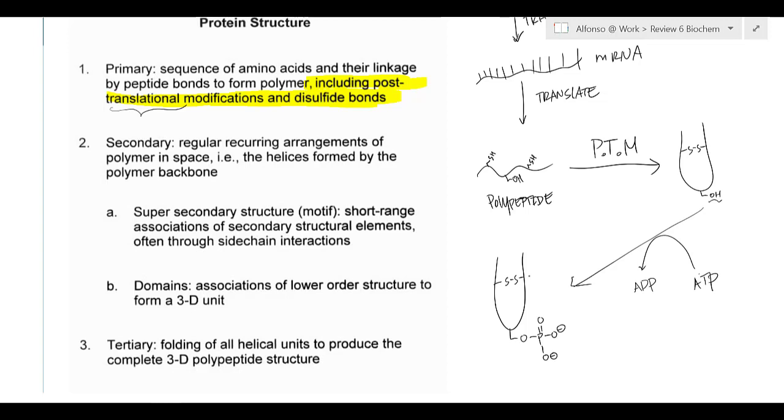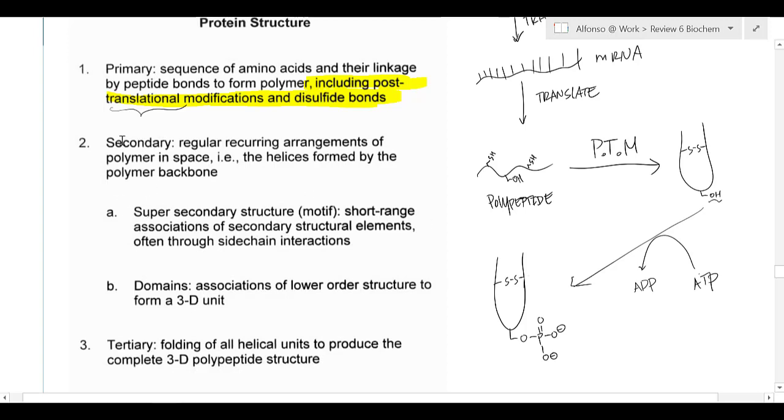It can make it work better, or it can make it work worse, or it can just change the shape of the polypeptide. So these post-translational modifications are important for pretty much all the polypeptides in your body. Does that answer your question? Yes, this is important for both of you.